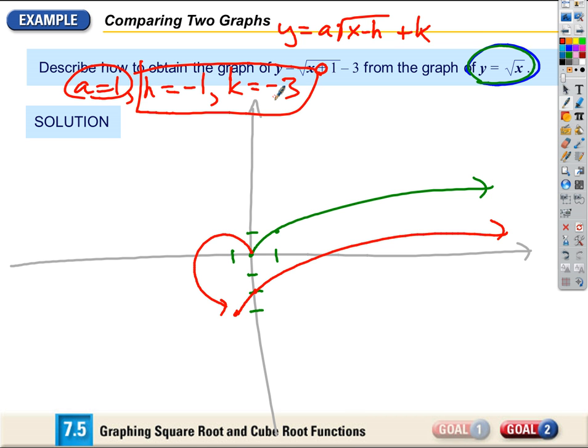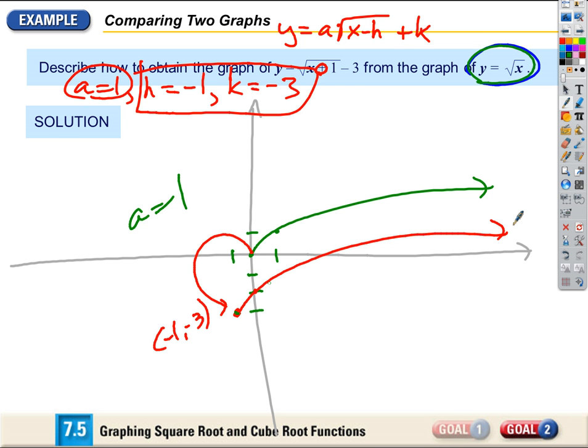Plug your ears if you don't want to hear a shortcut. You can also do it this way, though. We could say, okay, where are h and k going to be? And just go right to the location of hk, the location of the special point, and then use a. If we know we're starting at the point -1, -3, and we know that a equals 1, that means that when we go 1 to the right, we're going 1 up, and we can just sketch the graph that way.